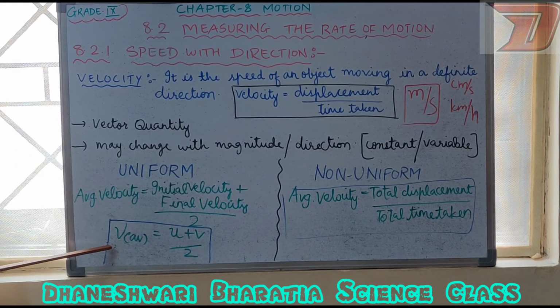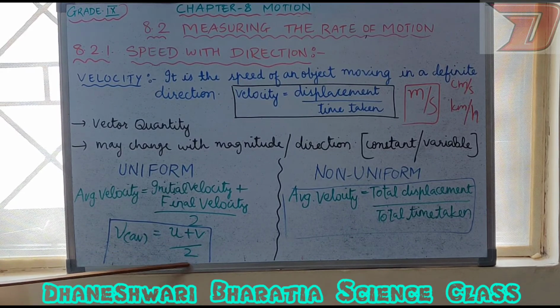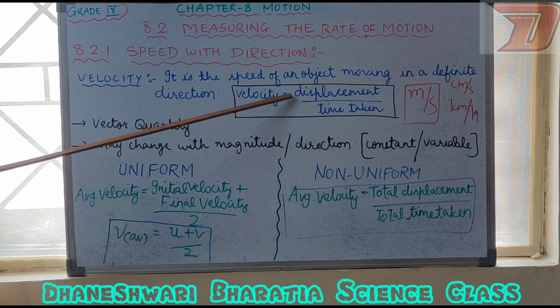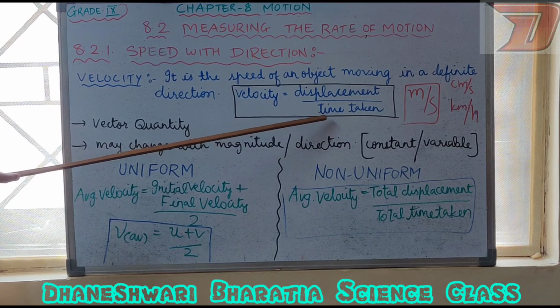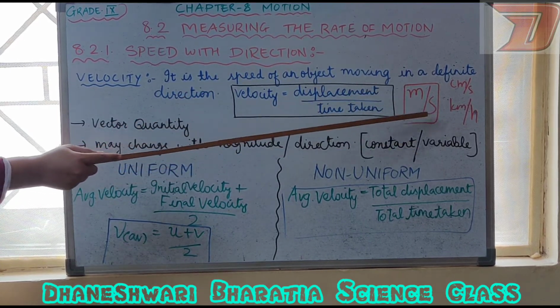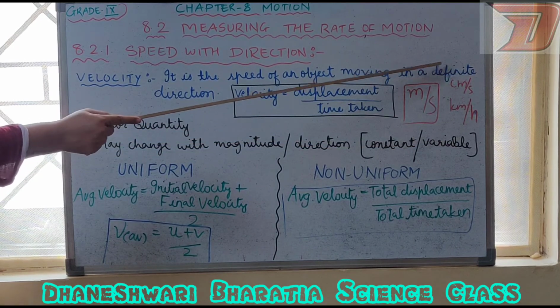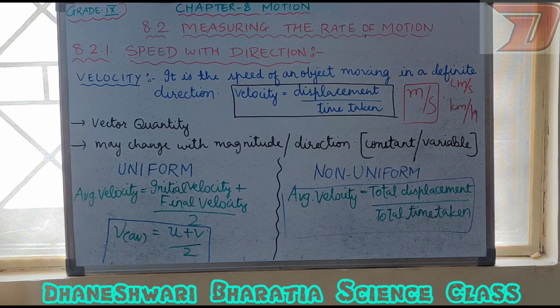So what is your average velocity when the uniform motion is there? It is initial velocity u plus final velocity v upon 2. And we know that the displacement is measured in meter and time is measured in second. So the SI unit of velocity is also meter per second, where we can also use centimeter per second and kilometer per hour as per the requirement.